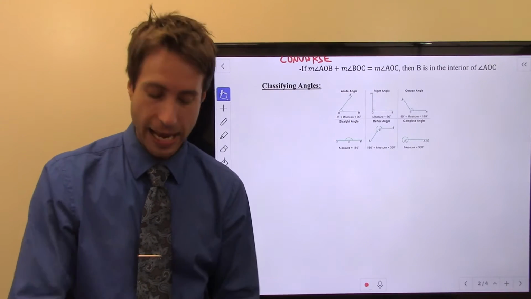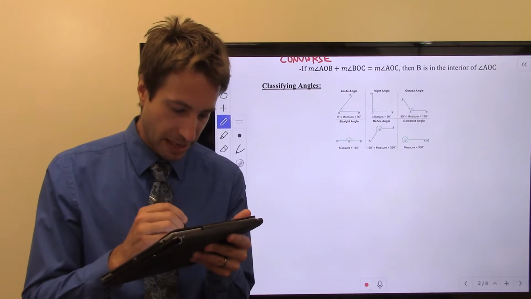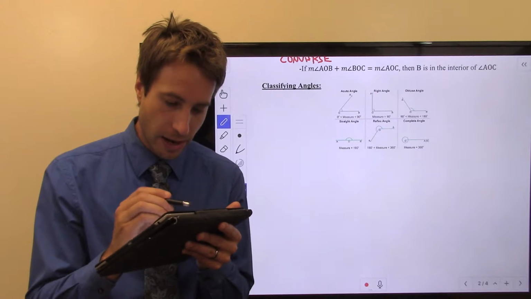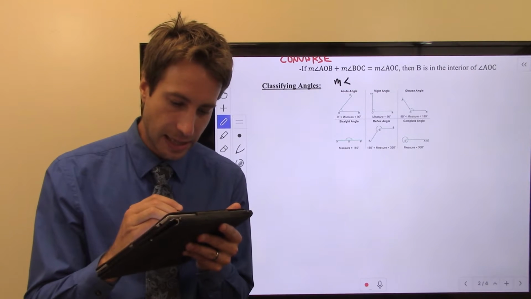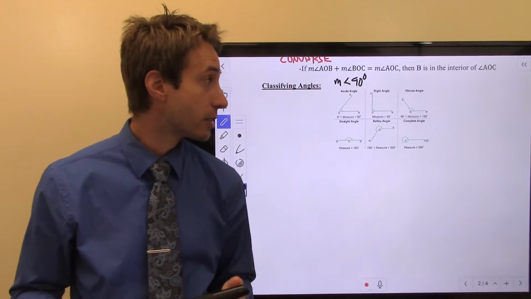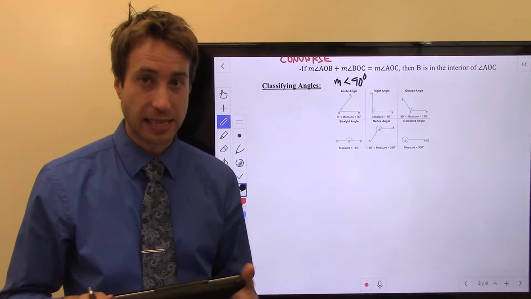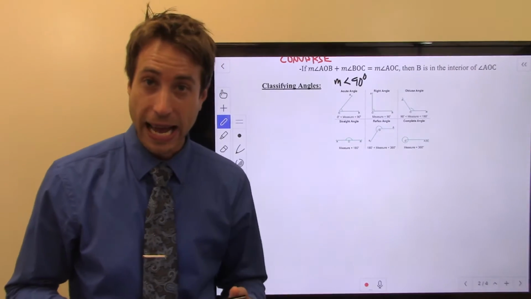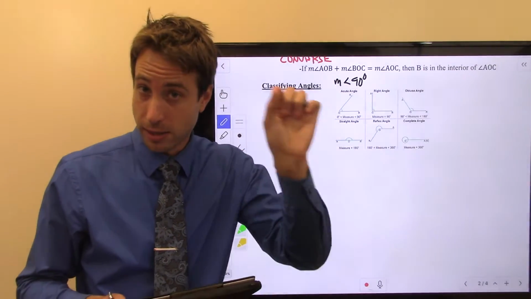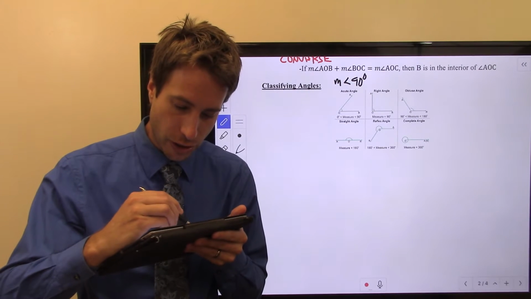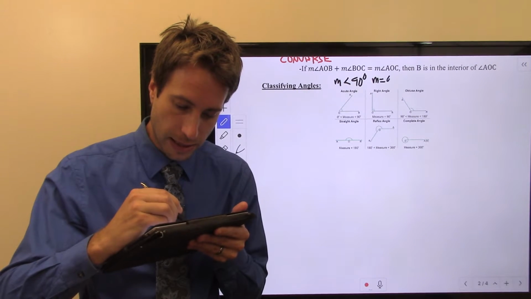An acute angle will always be, in fact, it's written there, but I'll write it right here. Acute angle, the measure will always be less than 90 degrees, right? So an acute angle, less than 90 degrees. A right angle, represented by that little right angle symbol, you just draw a little box in that corner. The measure is equal to 90 degrees.